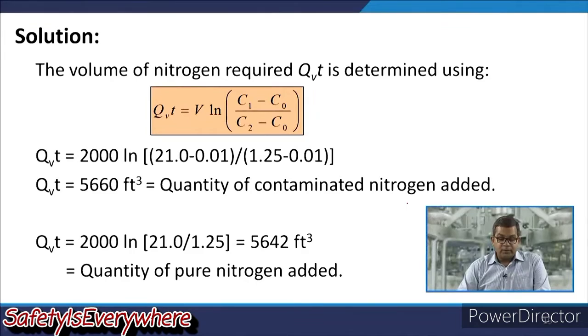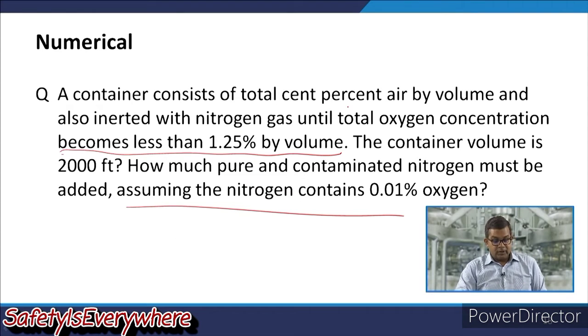While we consider the solution, the volume of nitrogen required, QVT, is determined using this formula, which we have already discussed in the previous modules. QVT is equal to V ln of C1 minus C0 upon C2 minus C0. If we substitute all the values from the previous slide, the container volume is 2000 cubic feet.